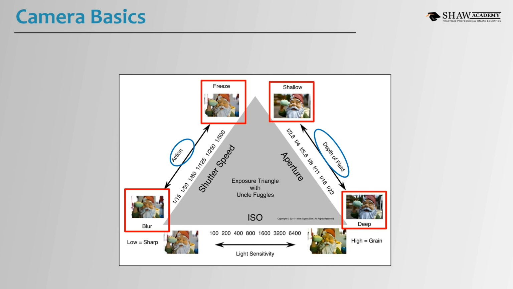But just to reiterate that point, a shallow depth of field basically means not very much of your image will be in focus. So you choose your focus point. We'll say, for example, it's on Uncle Fuggles' eye. And if you shoot that at f2.8, not very much else will be in focus. So we can see the background is quite a blur behind him there.